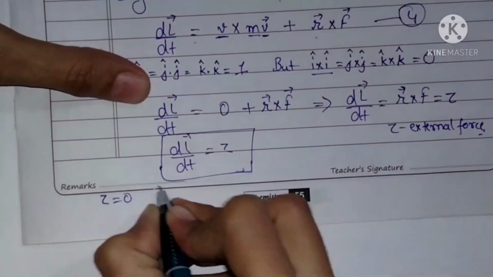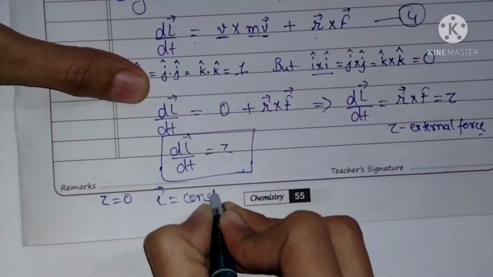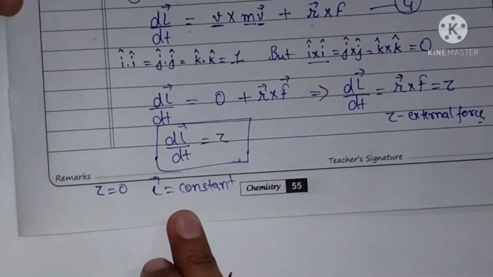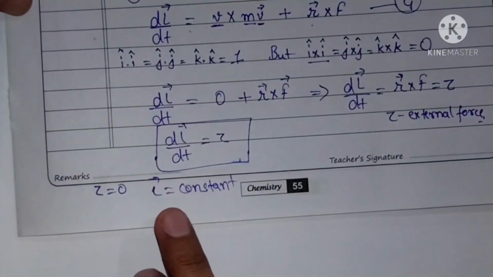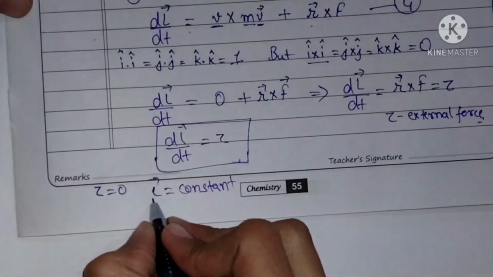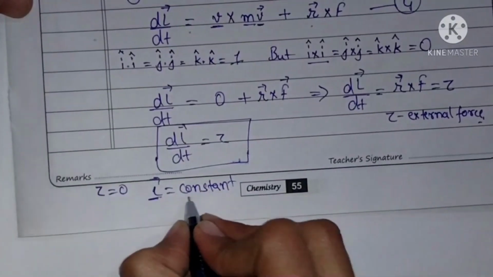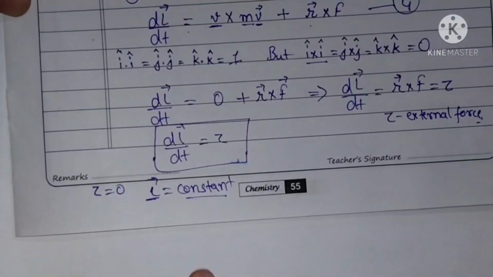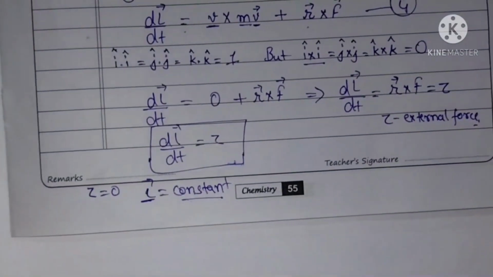So angular momentum will also be constant and L will be conserved. That means both linear and angular momentum are conserved according to Newton's second law and third law, and both torque and angular momentum are related to each other.